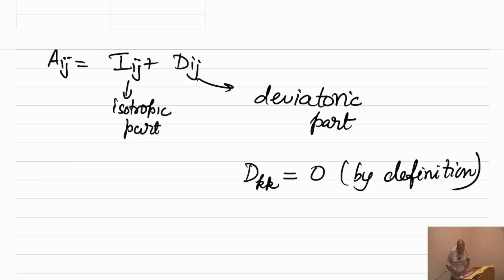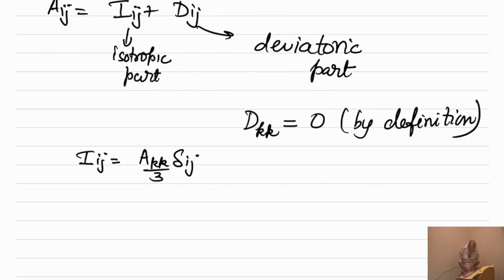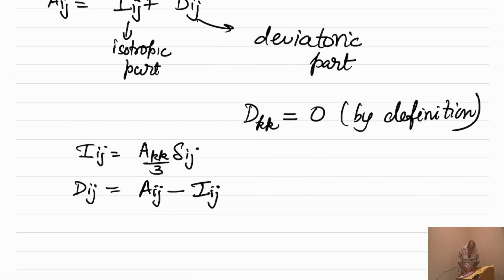So Iij is always equal to AKK upon 3 delta ij, and Dij is equal to Aij minus Iij, and Dkk is equal to 0.